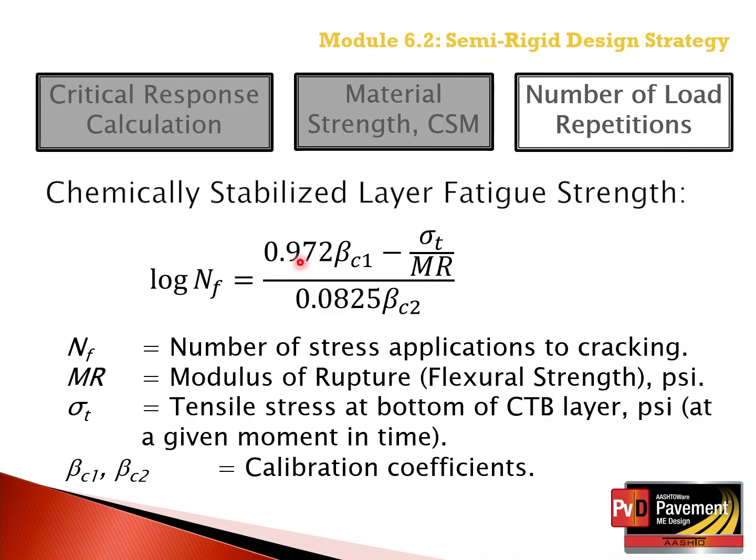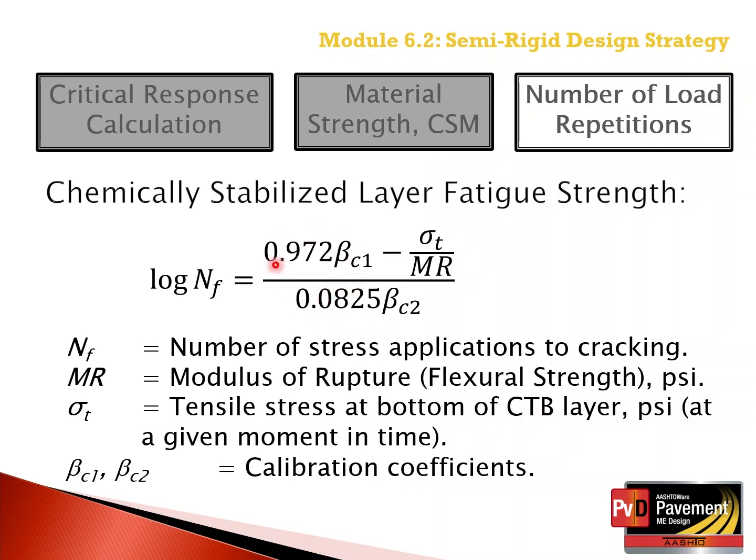The calibration coefficients, the beta values, as well as the values determined from laboratory tests are shown here and obviously are different from Portland cement concrete. So again, the M sub R, the modulus of rupture or flexural strength, can be determined from AASHTO T97 or estimated from the compressive strength. And tensile stress is simply calculated at the bottom of the chemically stabilized layer.